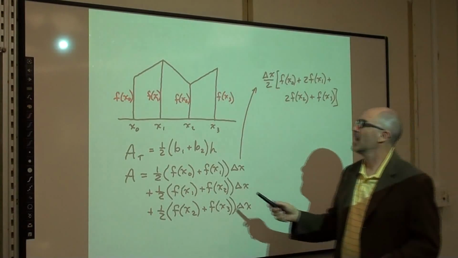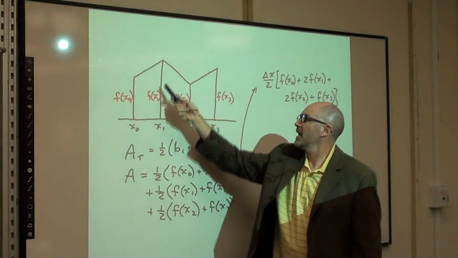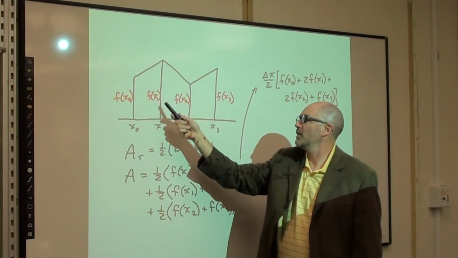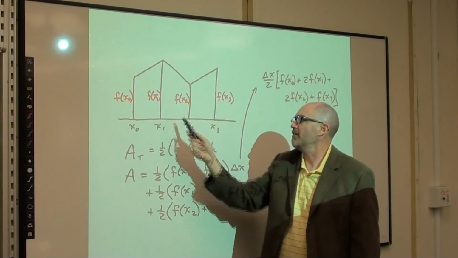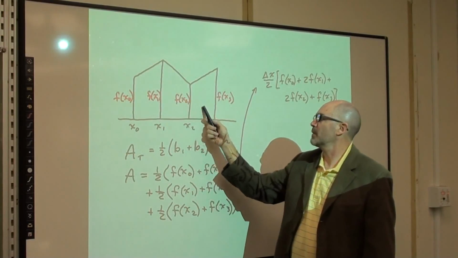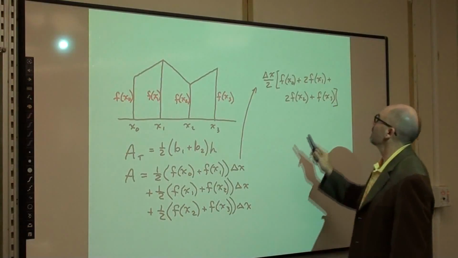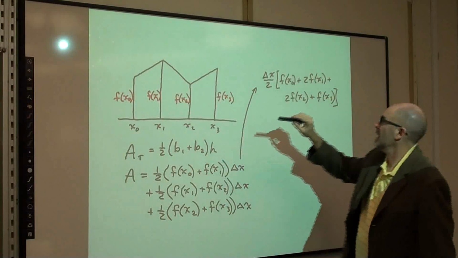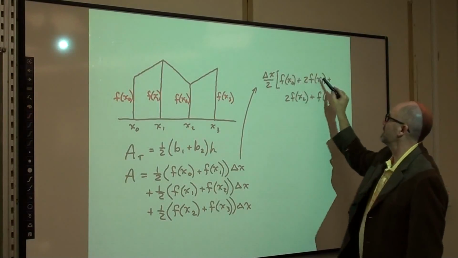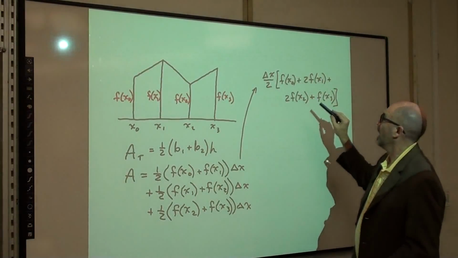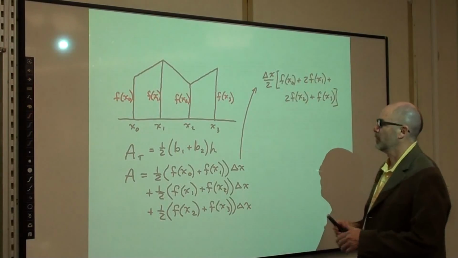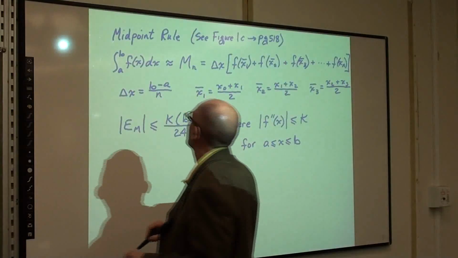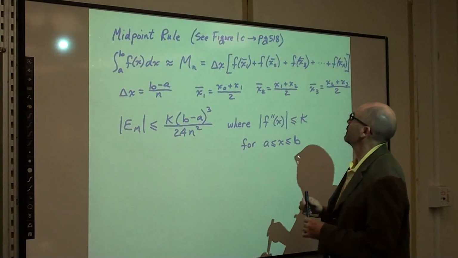Why is that? Because when we look at this trapezoid, these two trapezoids are sharing f of x sub 1, and these two trapezoids are sharing f of x sub 2. So every f of x in between the first and the last has to be doubled because they're shared, and the first and last are just single.